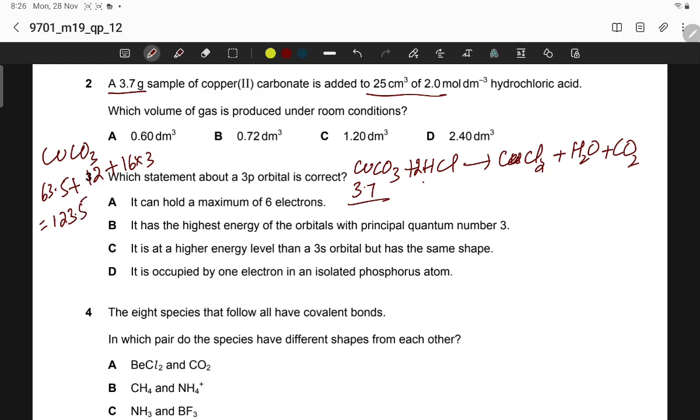Moles of copper 2 carbonate is mass over Mr, so this is 3.7 divided by 123.5, which is equal to 0.02991.